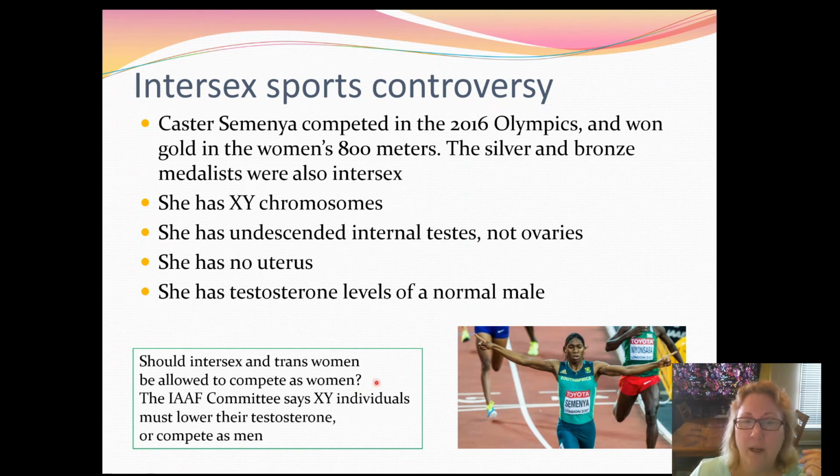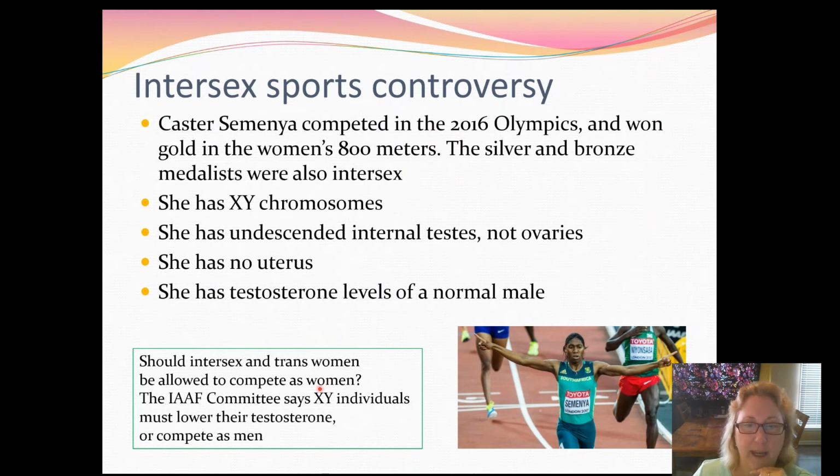So what they determined from talking to experts was that the advantage specifically is having XY chromosomes. So they said any individual who has an X and a Y, if you're an athlete and you have a Y chromosome, the only way you can compete in women's sports is if you do something to lower your testosterone level.